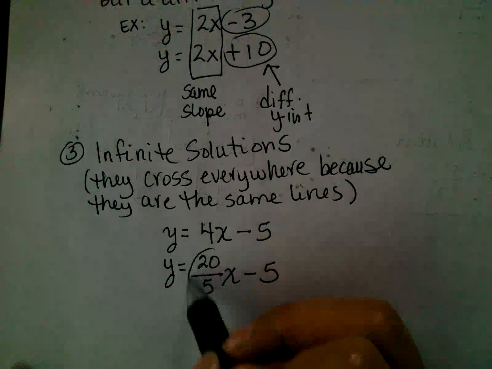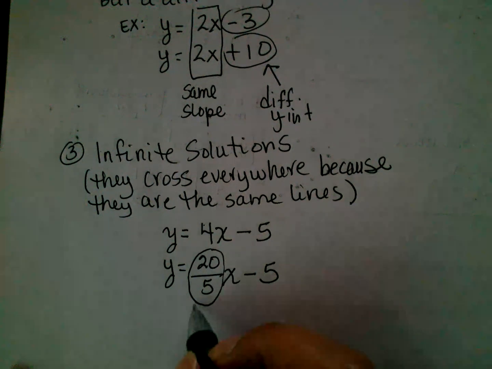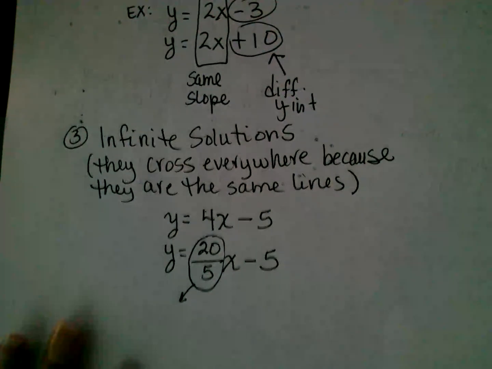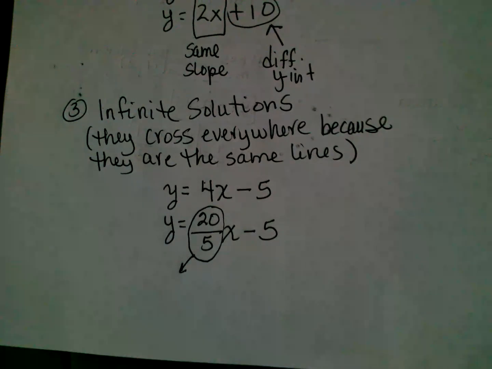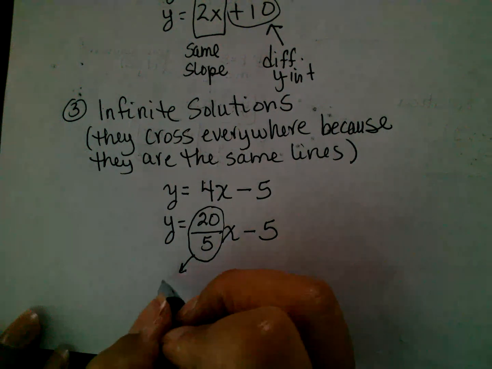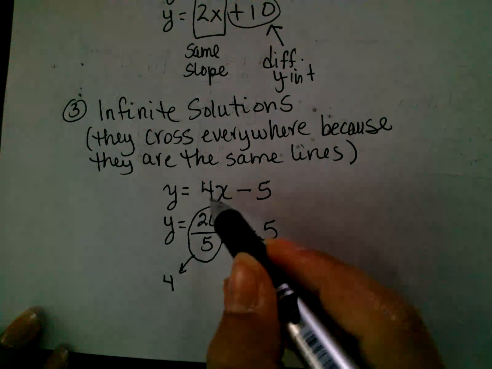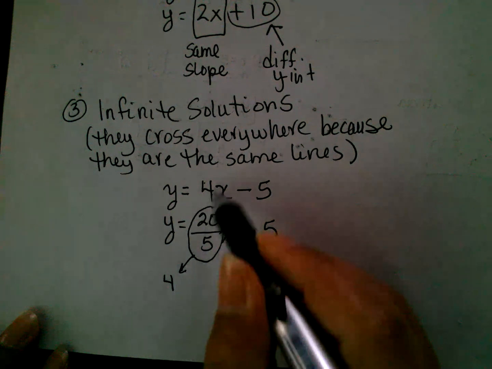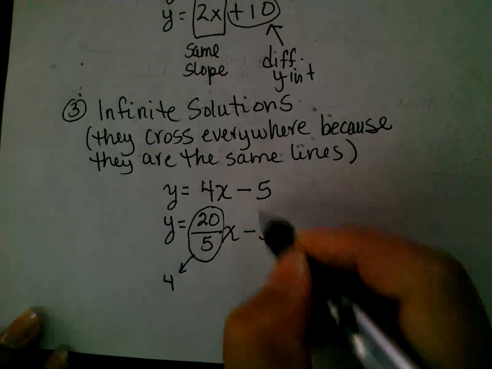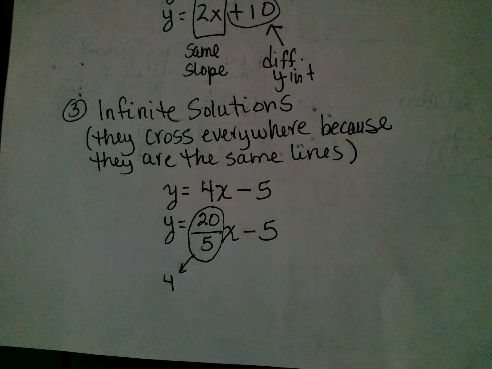What do you know about this guy right here? Do you know what 20 divided by 5 is? Because remember, we have to simplify fractions whenever we can. It's 4. So you end up having the same slope, and you also have the same y-intercept. Well, then they're the same line. They're going to cross everywhere. Okay, so that's why we say that one has infinite. They cross everywhere. Okay? Questions there?